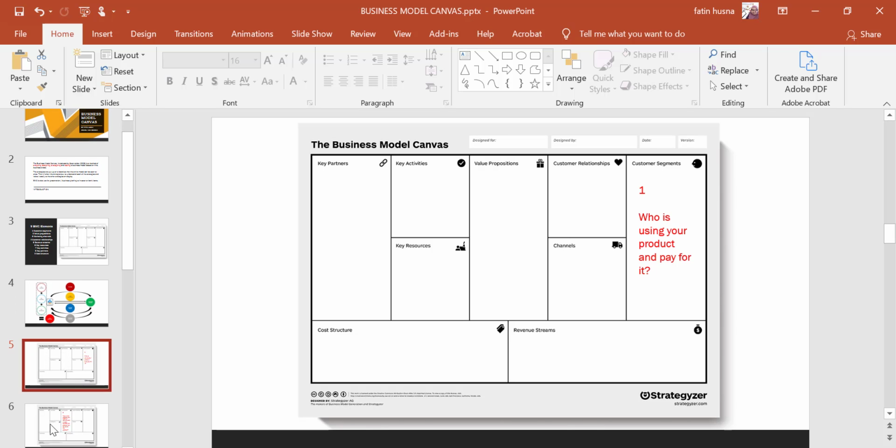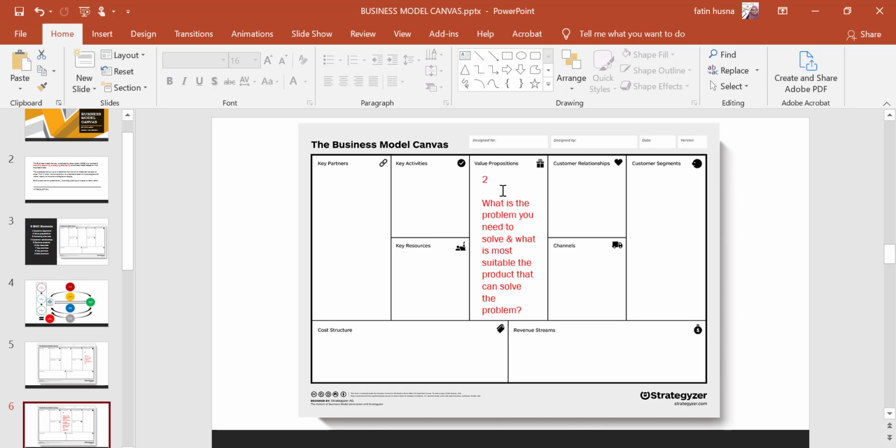So next, the second one is the value proposition. Value proposition is talking about what kind of uniqueness you have. The main concern is the kind of problem that you want to solve with this business, and then what is the most suitable product or service that actually solves that problem. For example, you have COVID-19 right now, and you want to solve a hygiene problem.